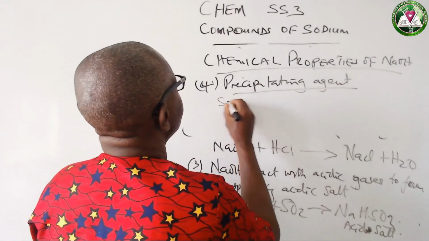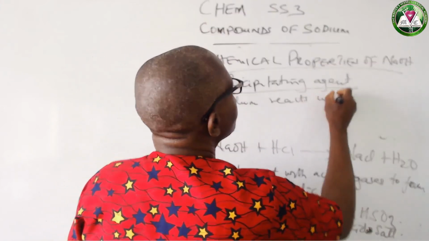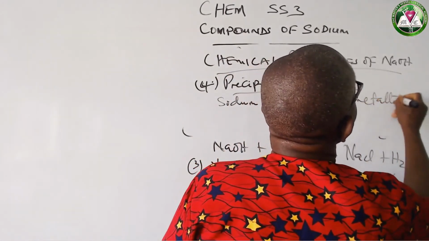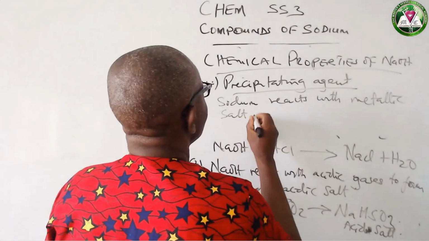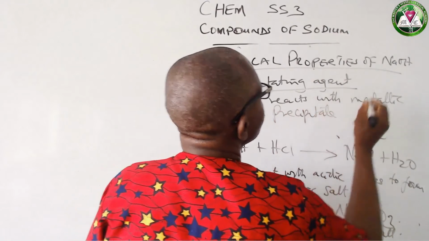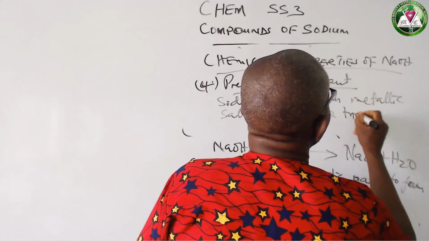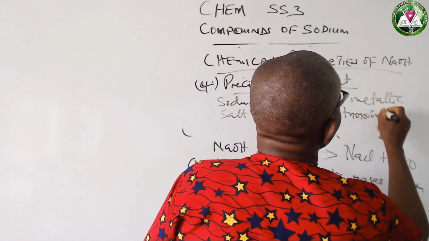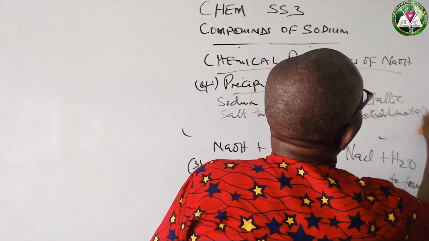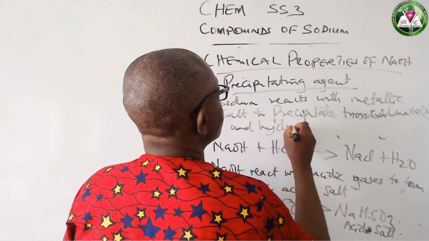Sodium hydroxide reacts with metallic salt to precipitate trioxocarbonate(IV) and hydroxides.